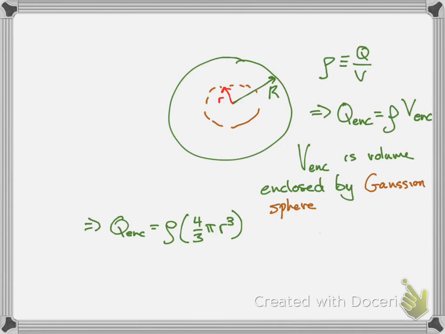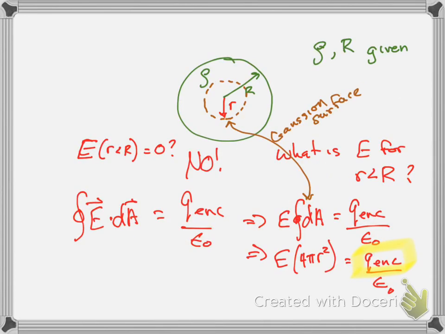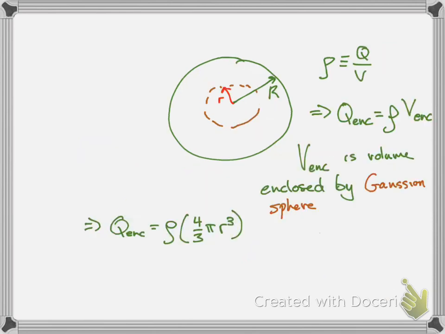So now we can go back and plug that into our Q enclosed. Now make sure we're looking at the left-hand side and the right-hand side. And now we've got little r's everywhere because big R really doesn't play a part in this. So what we're left with is E times 4 pi r squared equals charge enclosed.